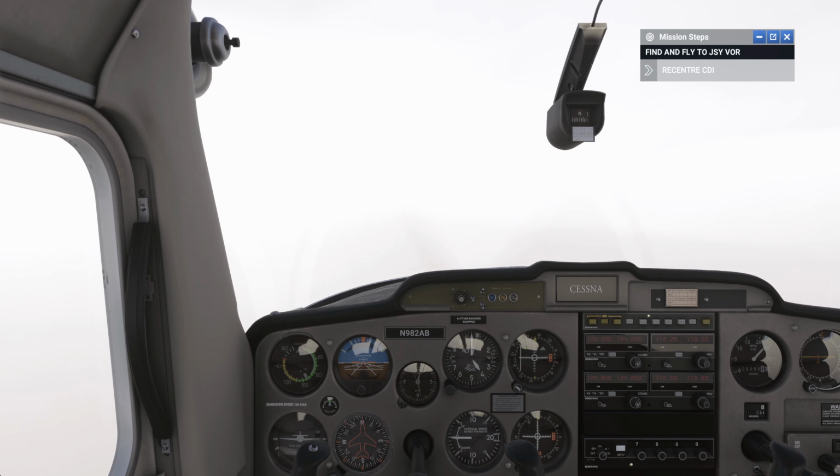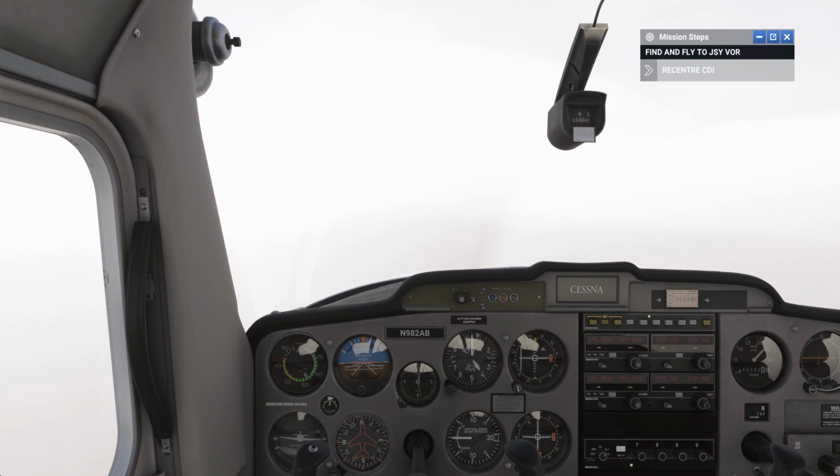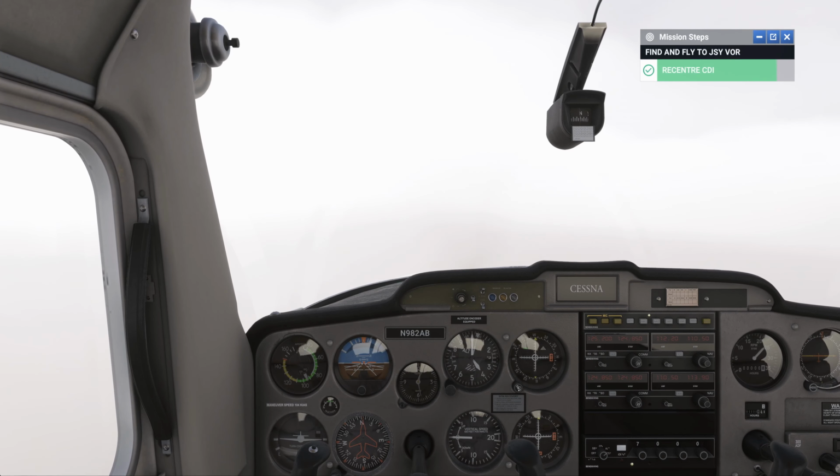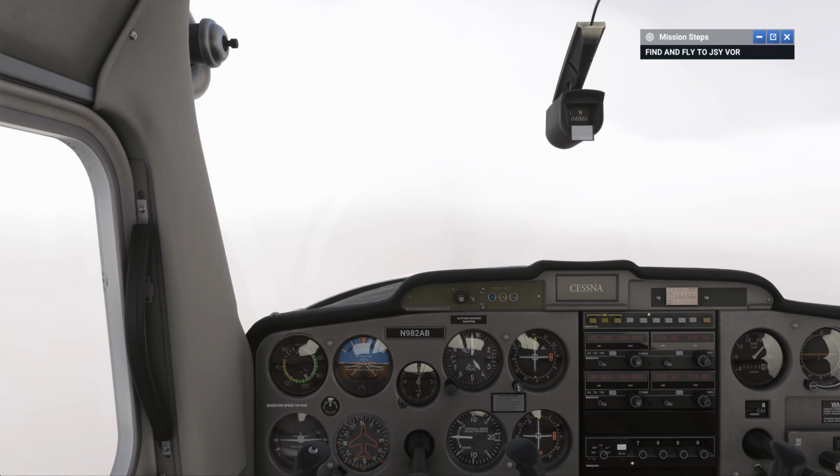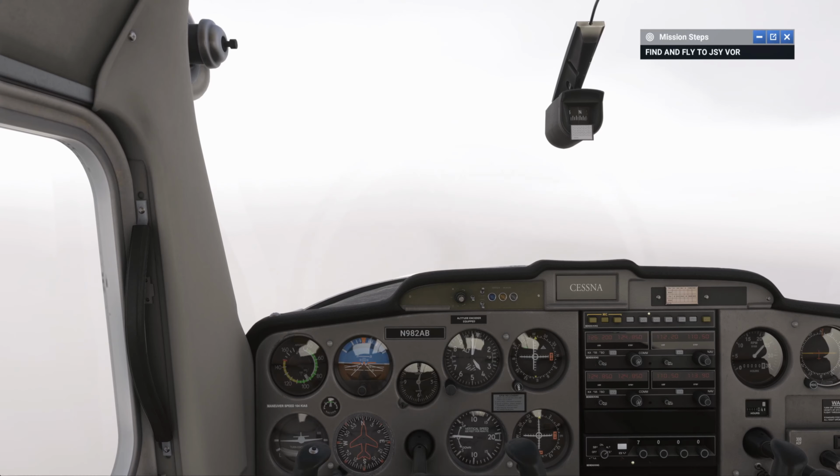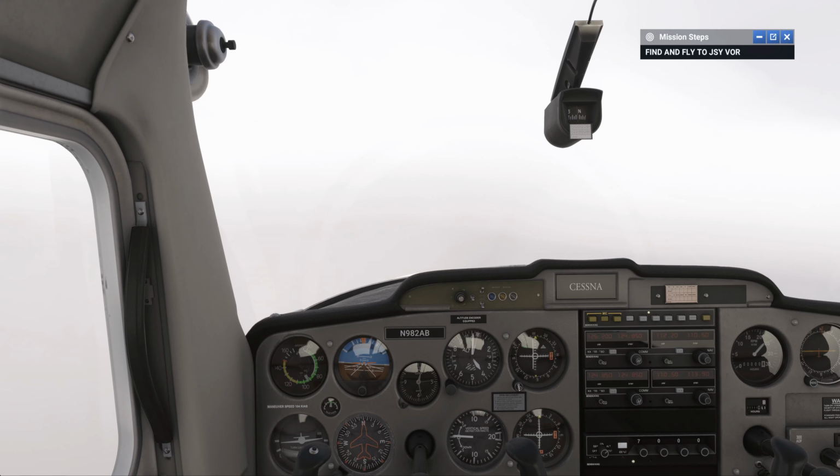Turn the OBS again to recenter the CDI bar. Now we have the CDI recentered, the OBS gives us a new bearing to fly. Make a left turn at rate 1 to the course set at the top of the OBS.